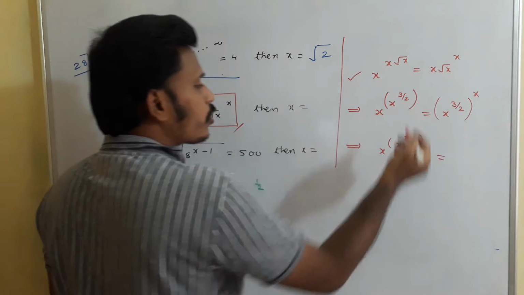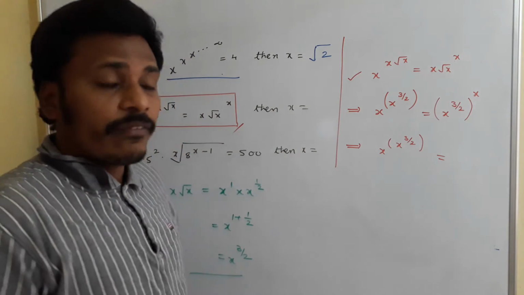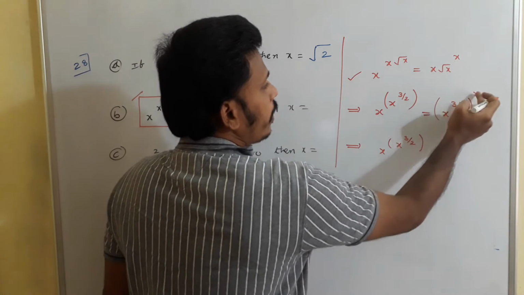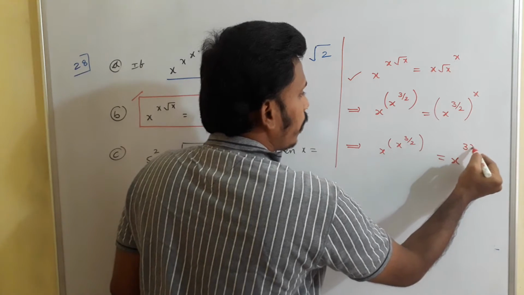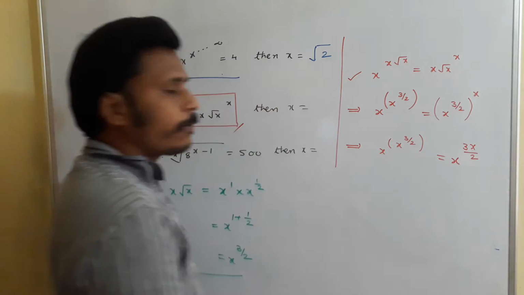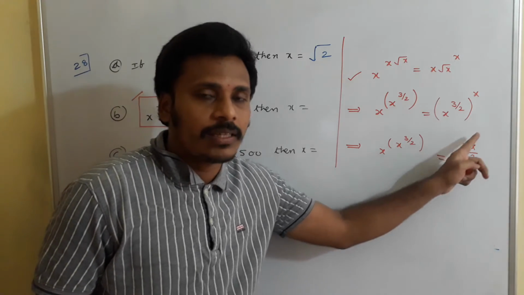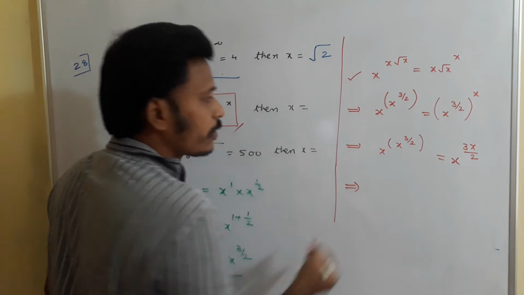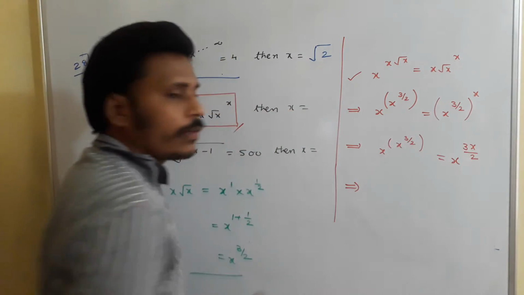We don't have a chance to simplify the left side, but on the right side we can simplify using (a power m) power n. So x power, you multiply these two, which becomes 3x by 2. Is it right? x power of x power 3 by 2 is equal to x power 3x by 2. Now this implies, since the base is equal, you just equalize the power.